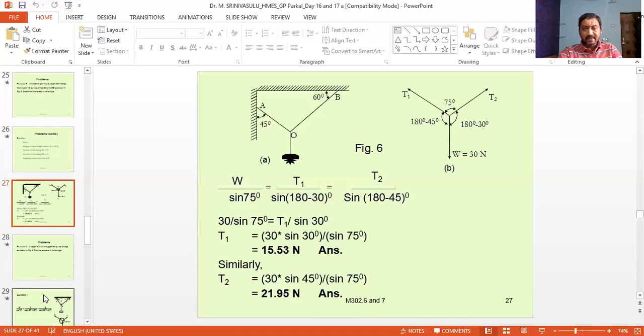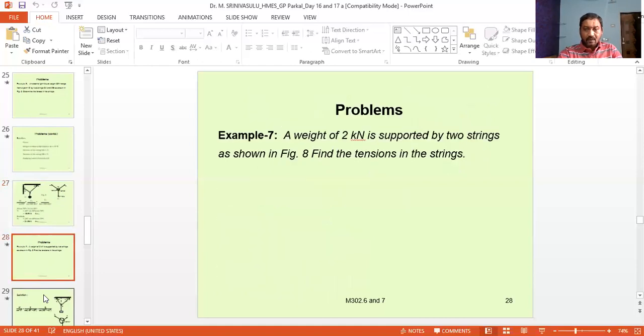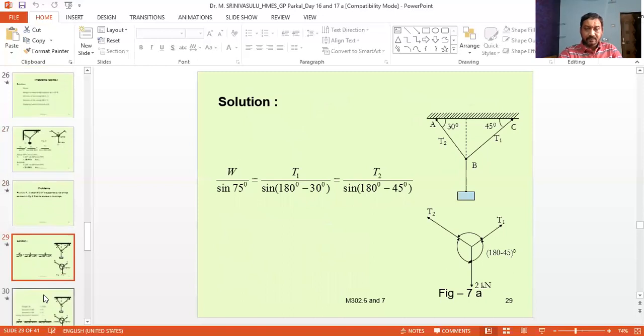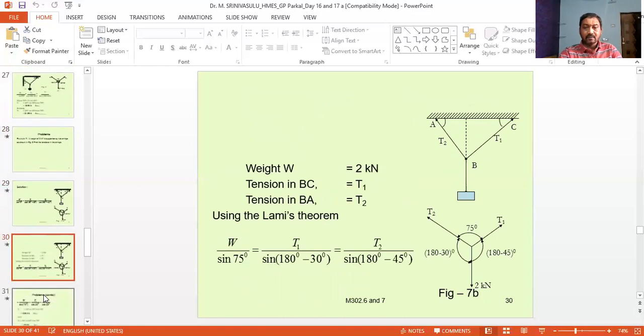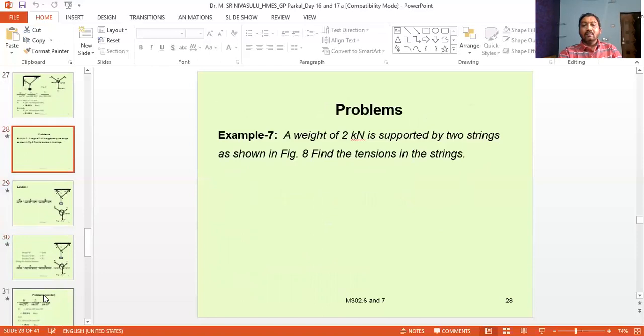Next we will move to the other problem. So this is the problem. Here, similar to the previous one, the load is given and the angles are mentioned in the diagram, and we are supposed to find out the tensions in the strings.